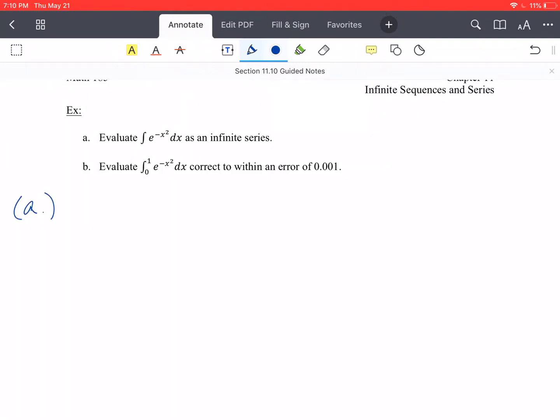To find the Maclaurin series for e to the negative x squared, we're just going to use the Maclaurin series for e to the x and then replace x with negative x squared.